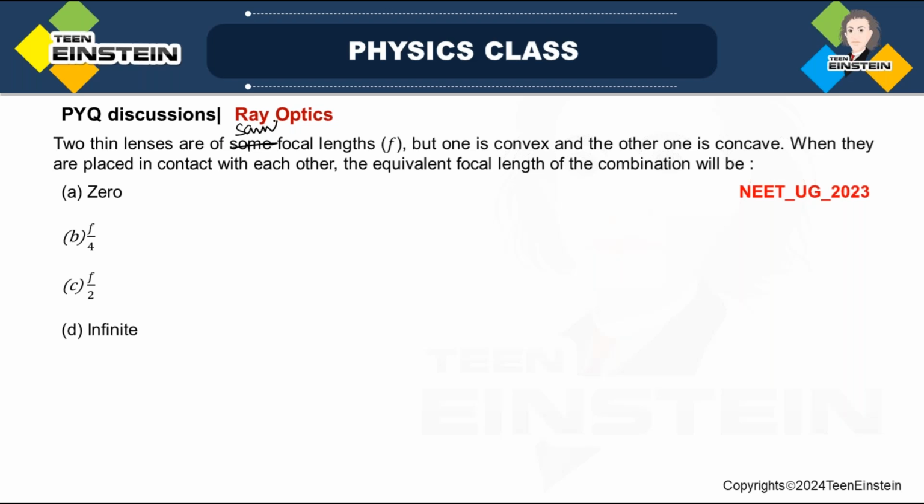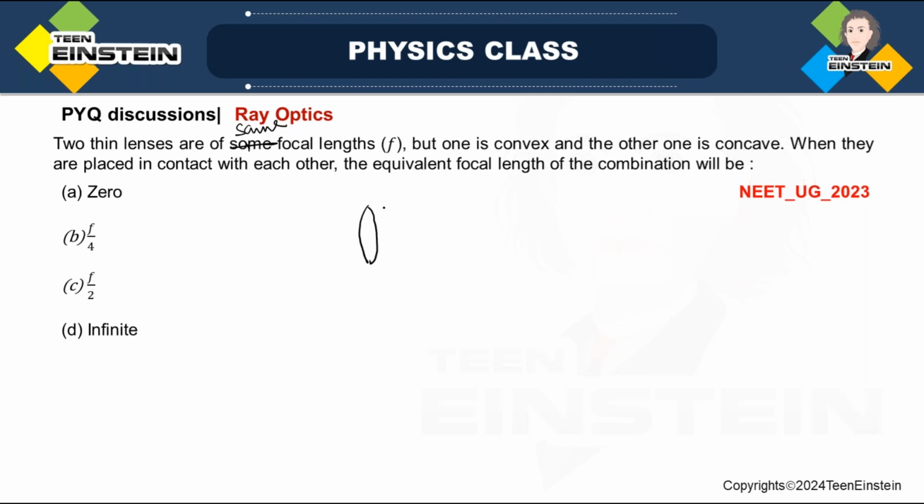Same focal length f, but one is convex and another one is concave. When they are placed in contact with each other, what is the equivalent focal length of the combination?